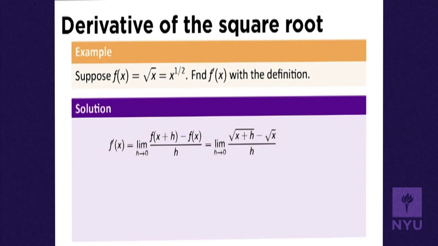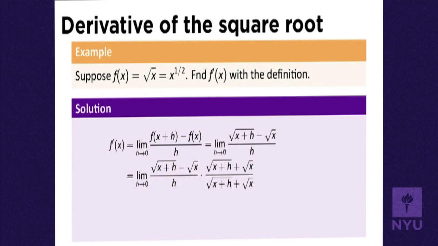So it doesn't turn into a rational number, but it does turn into something that we can evaluate. Multiply the numerator and denominator both by the conjugate radical here, square root of x plus h plus square root of x, divided by square root of x plus h plus square root of x, because you can't just multiply by anything and have the same thing. You can only multiply by 1.